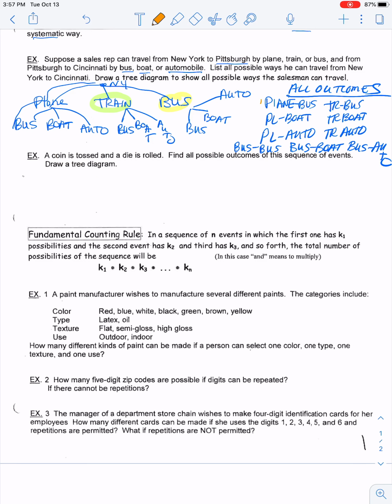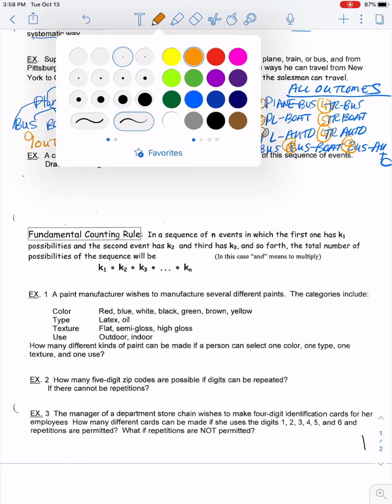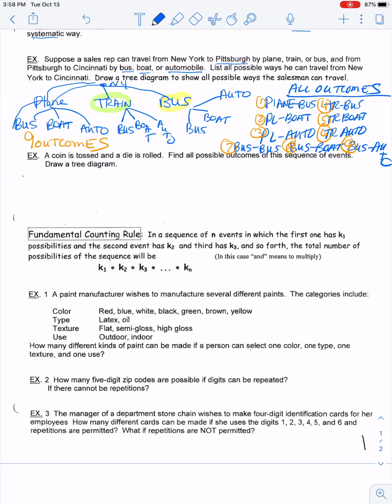So we would have here 1, 2, 3, 4, 5, 6, 7, 8, 9. So we can conclude that we have 9 outcomes for our travel choices. Okay, so that's called doing a tree diagram and then showing all the outcomes for that situation.